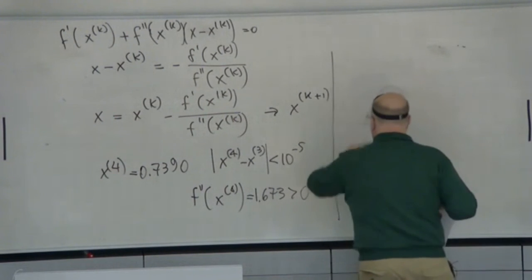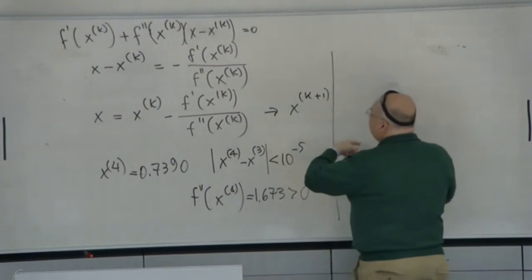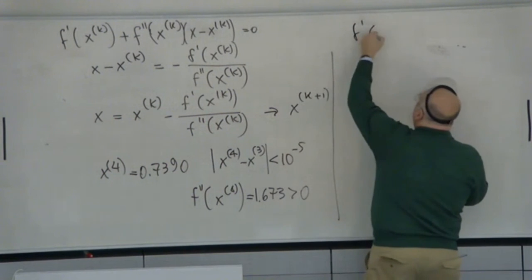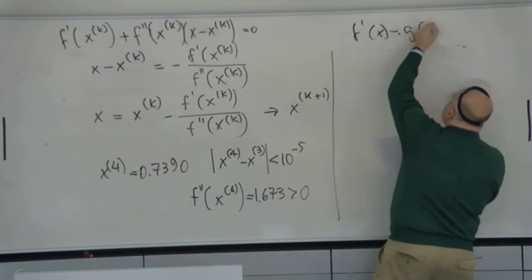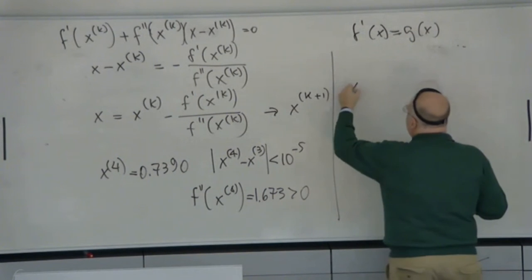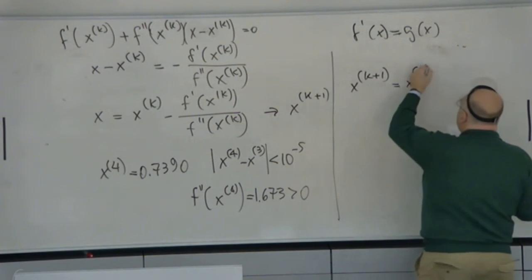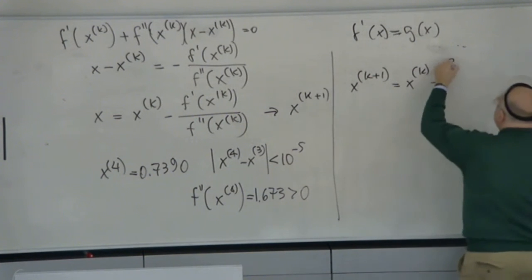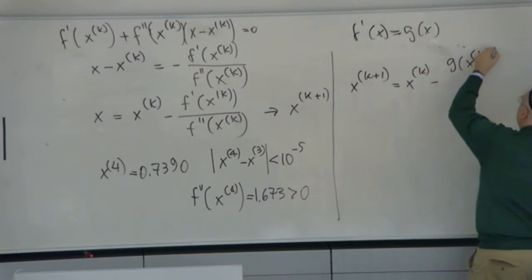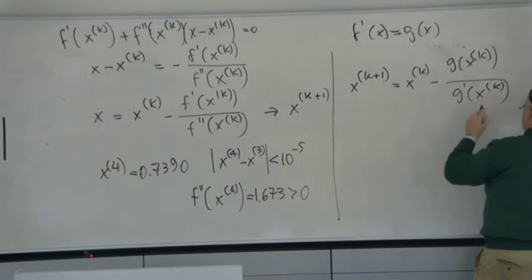If you set f prime at x equals g of x, the algorithm becomes xk plus 1 equals xk minus g of xk over g prime at xk.